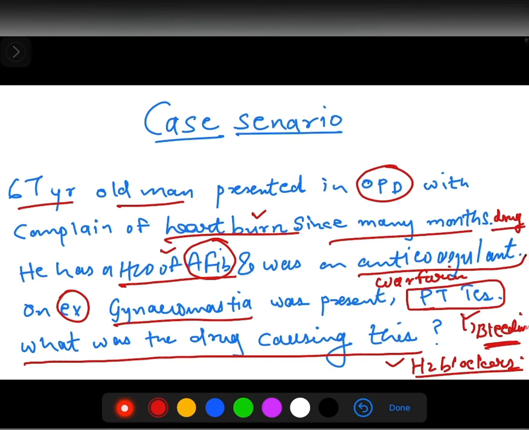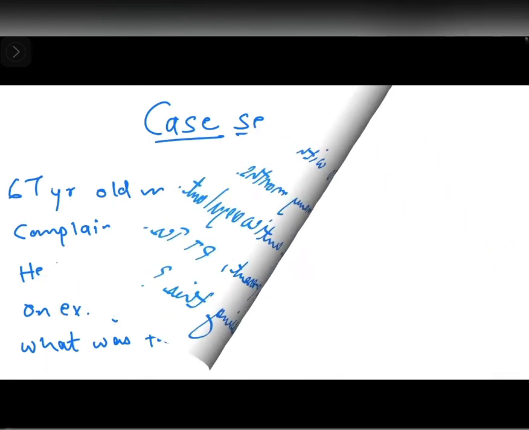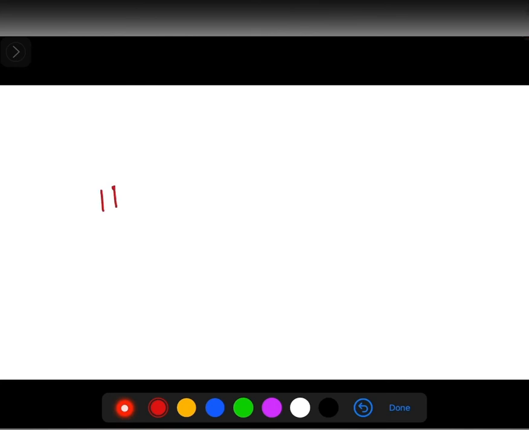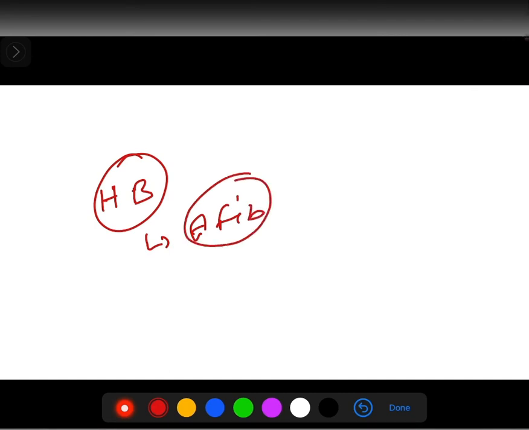So in this way, you can come up to the diagnosis, come up to the answer, if you know the mechanism, you know the side effect, you know the use. Here our patient has heartburn, and the patient has atrial fibrillation, right? And he was on warfarin.